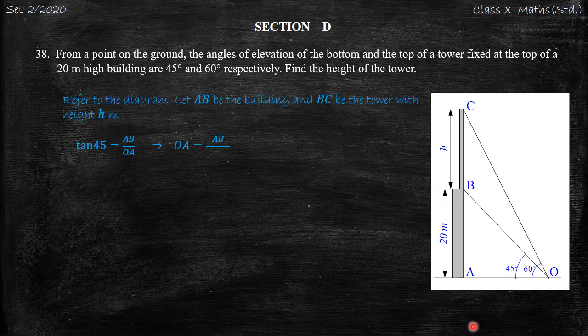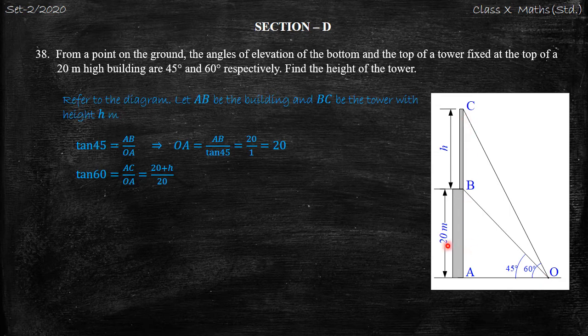So we know that tan 45 is opposite side by adjacent side. Opposite side is known, and tan 45 also we know, so the adjacent side OA we can find out. Then tan 60 degree, which is again opposite side by adjacent side.